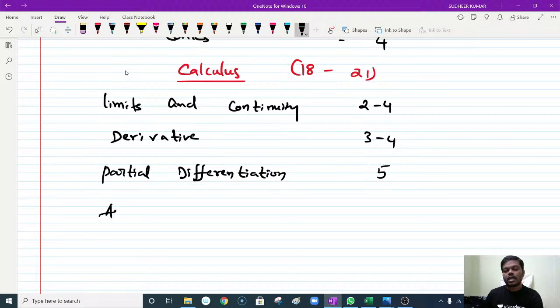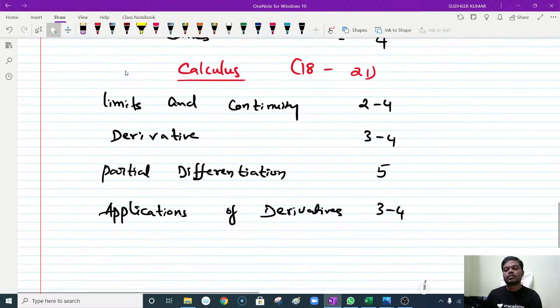The next one is applications of derivatives, 3 to 4 marks.